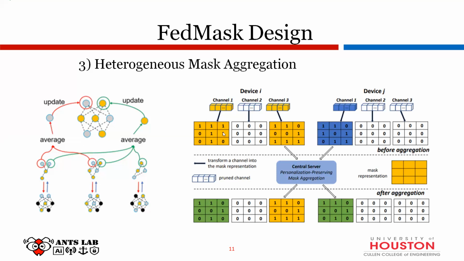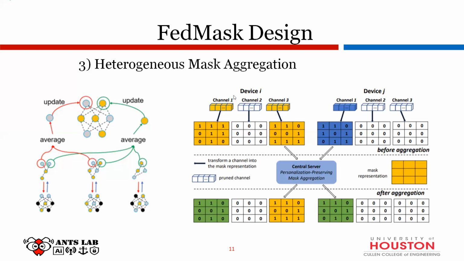So in channel 1, because the devices have overlapping masks, that's why they updated. But for those without overlapping, in channel 3, as you can see, device I has a mask, but device J doesn't have a mask. In this case, they don't overlap. So that's why they will be untouched and won't have the update.